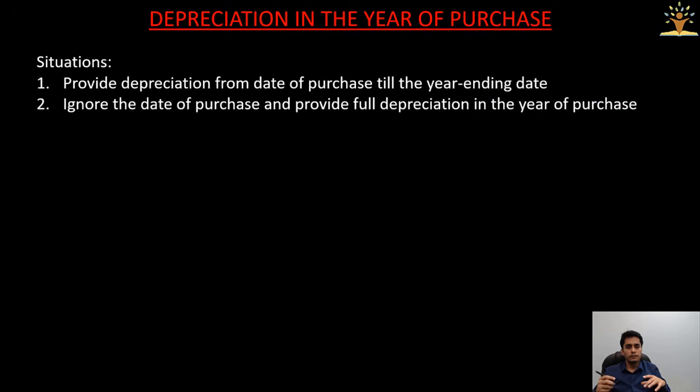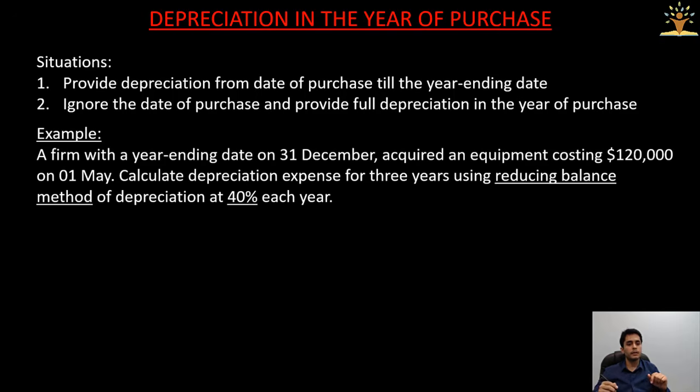Okay, let's look at the same situations but in the reducing balance method. A firm with a year ending date on 31st December acquired an equipment costing $120,000 on 1st of May. Calculate depreciation expense for 3 years using reducing balance, and the rate is 40% each year.